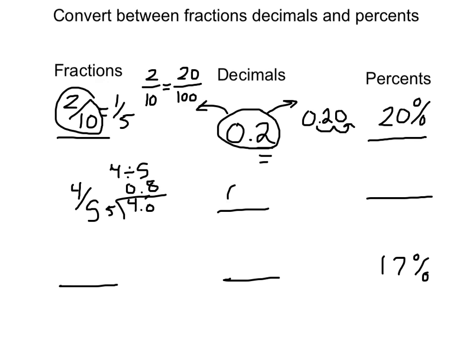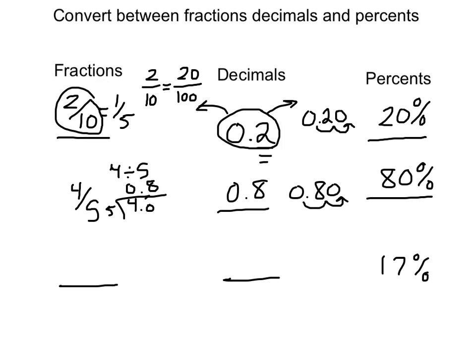So it's 0.8. To convert 0.8 to a percent, I would multiply it by 100, which means moving the decimal point 2 places to the right. Fill in the swoop with a 0, and I now have 80. But that's a percent. So 4/5 is 80%.